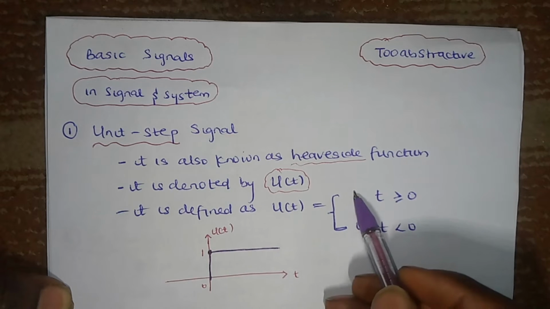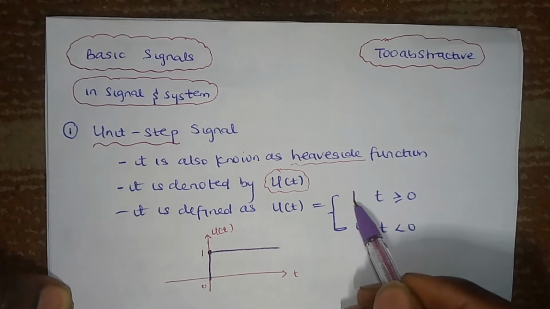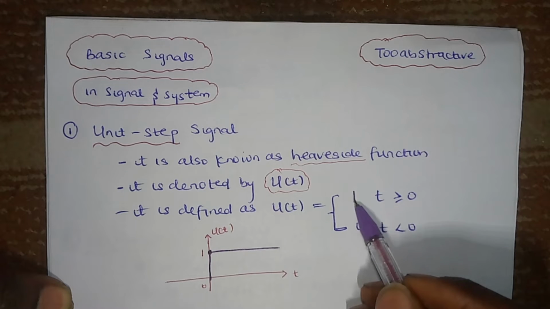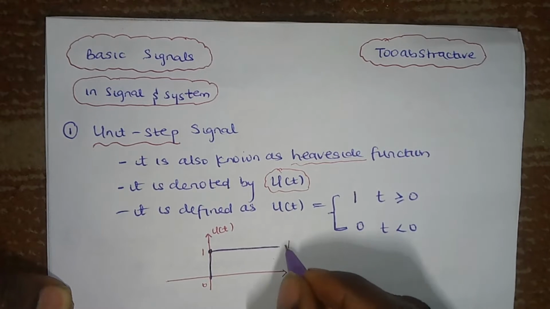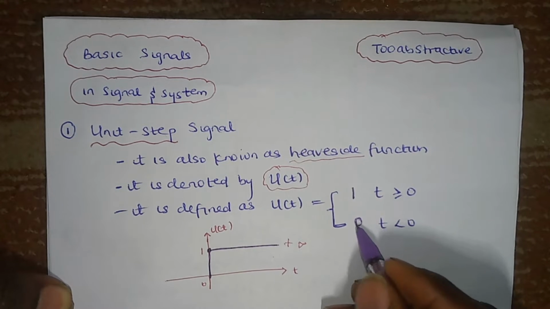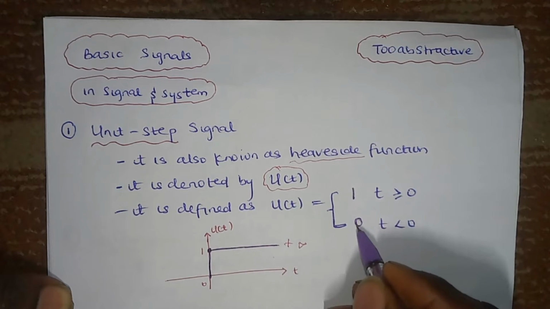It has a value of unity, as it is said, unit, with a value of 1 and 0 elsewhere. The region where it has a value of 1 is from 0 up to infinity. You see, from the origin up to positive infinity, that's where it has its value, and it keeps going that way. For t less than 0, which means the negative region, it has a 0 value.